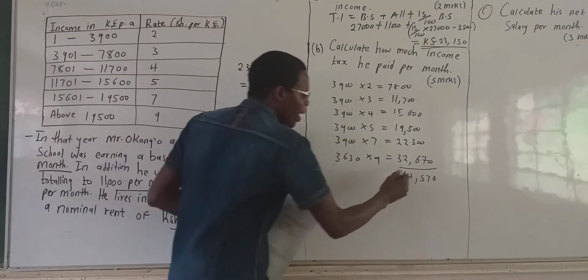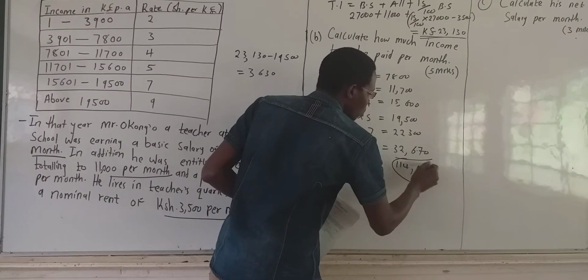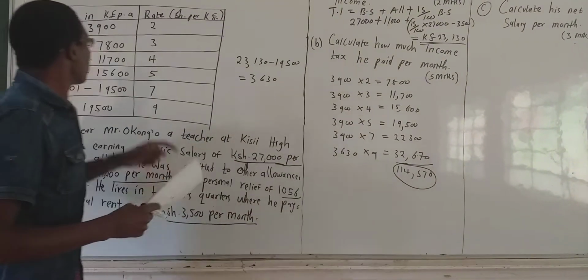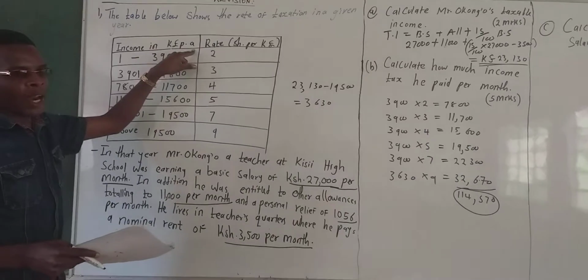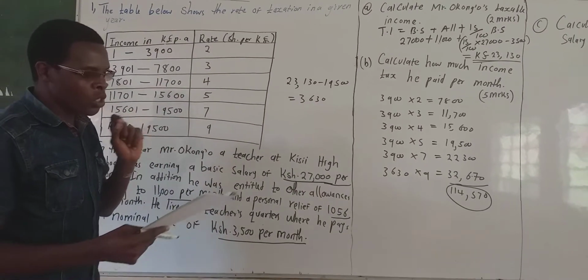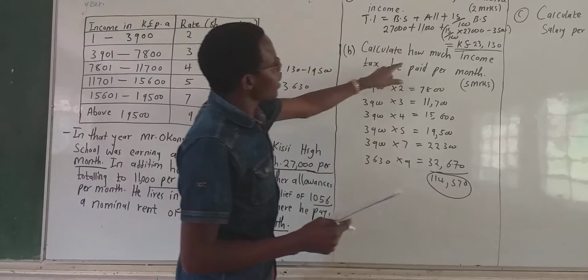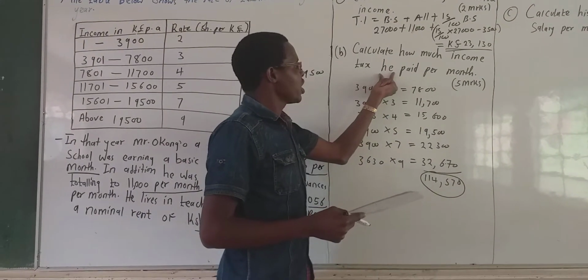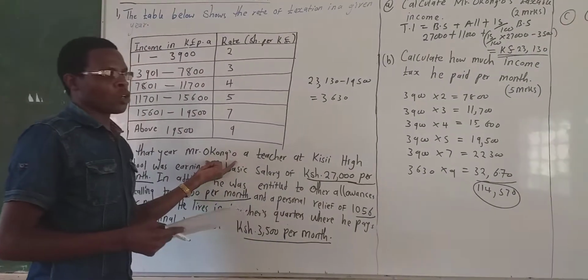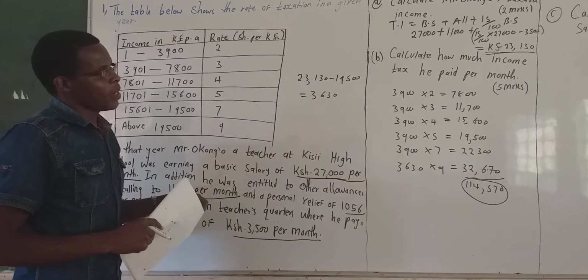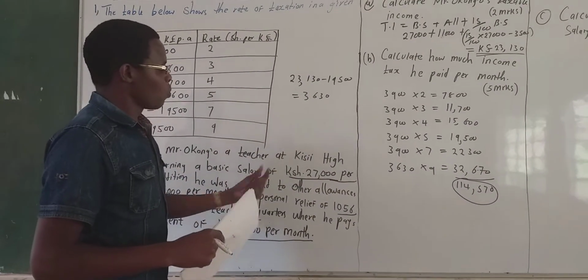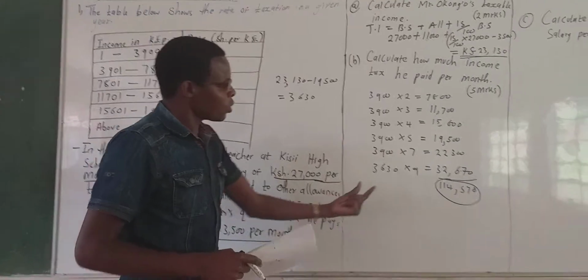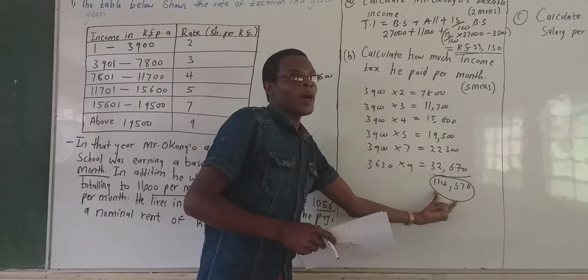Now, remember what we have here is in terms of what? Per annum. But our question is asking to calculate how much income tax he paid per month. When we talk about he, we are referring to Mr. Komo, who was a teacher in a high school in the country. So what we have here is per annum.